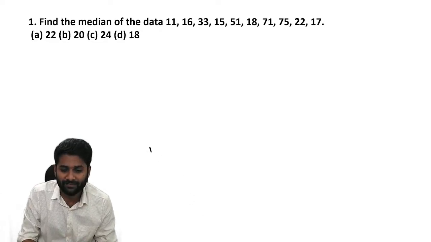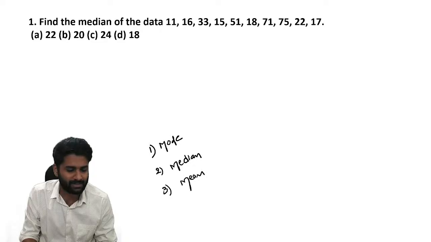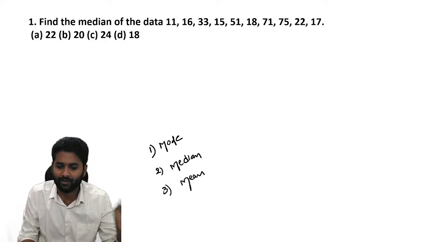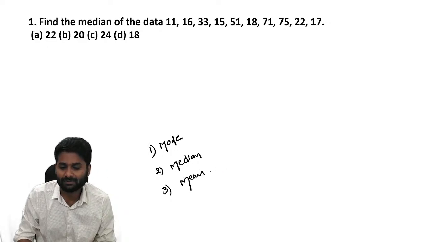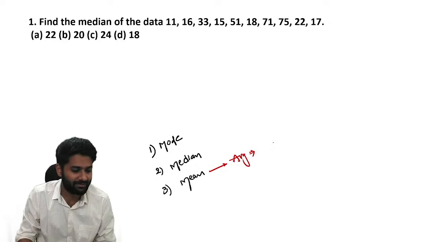So we have three different questions in this particular statistics concept. One is mode, median, and mean. So these are the three important things you can expect in your exam. So first, what is mean? Mean is all about average. How are we going to calculate average?